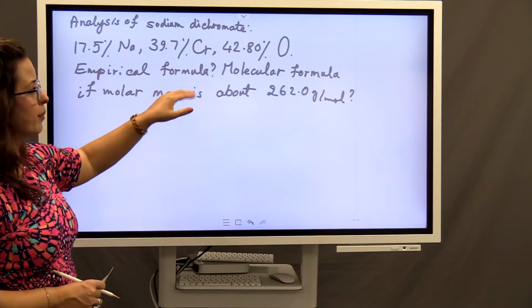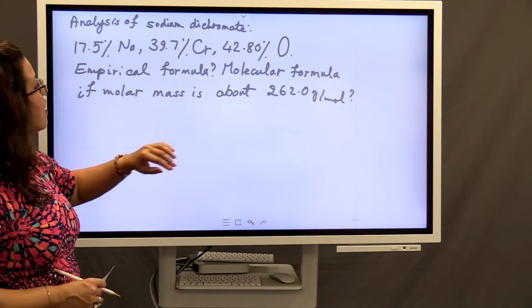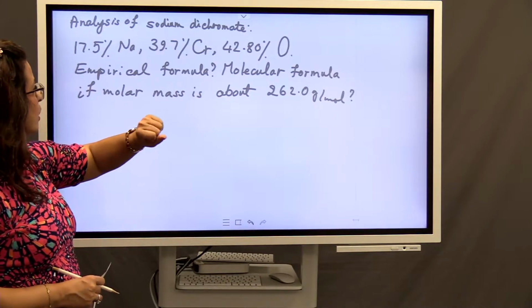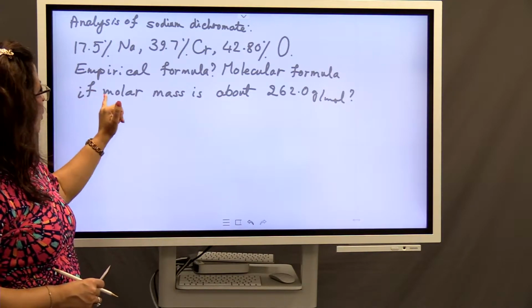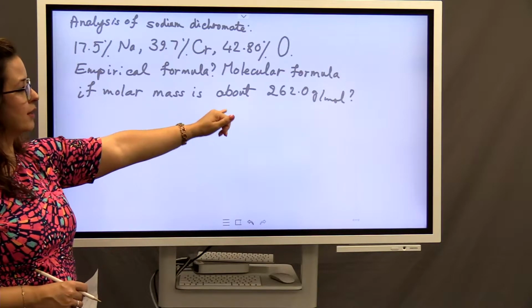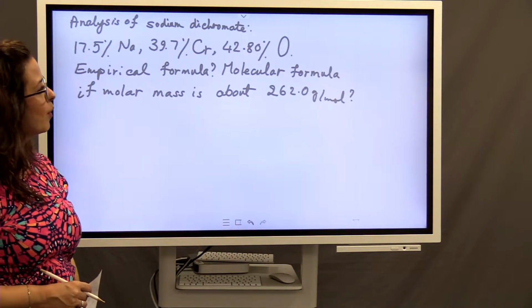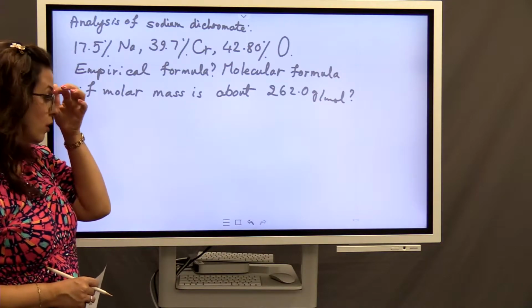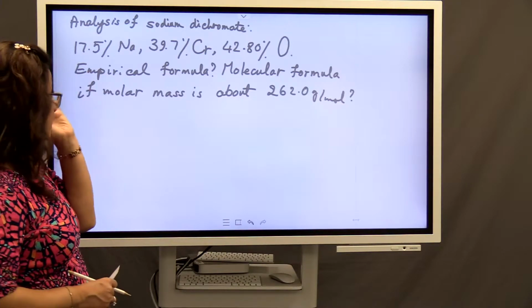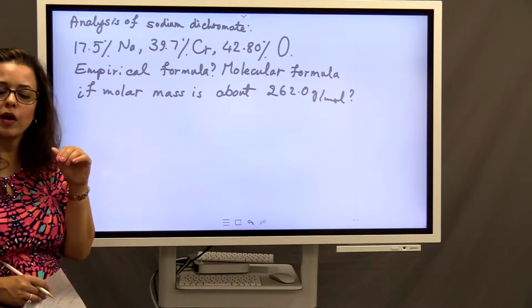We're supposed to find the empirical formula first, and then the molecular formula if we know that the molar mass of this compound is about 262.0 grams per mole.